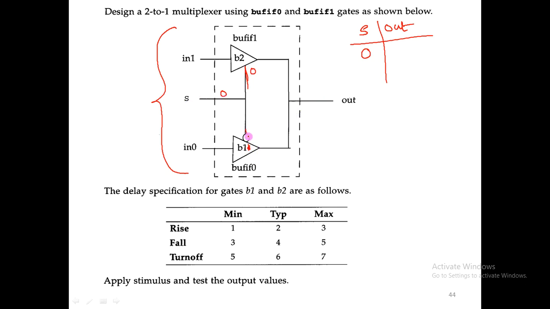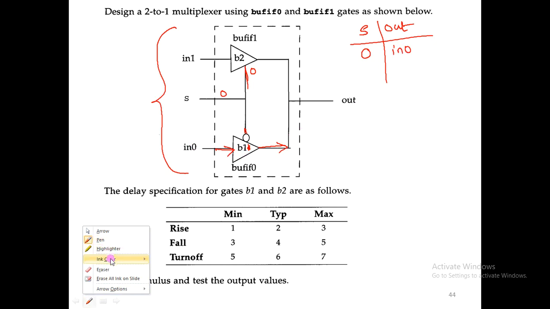Let us not confuse, just say that S is 0, so it is bufif0. Bufif0 will transmit the input to the output when the control is 0. So when S is set to 0, your logic will come out from this one. This is connected, so you get the output as in0.